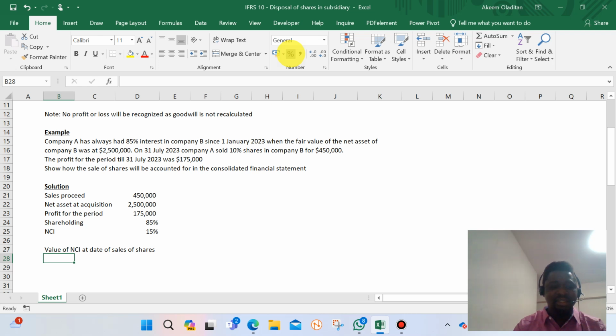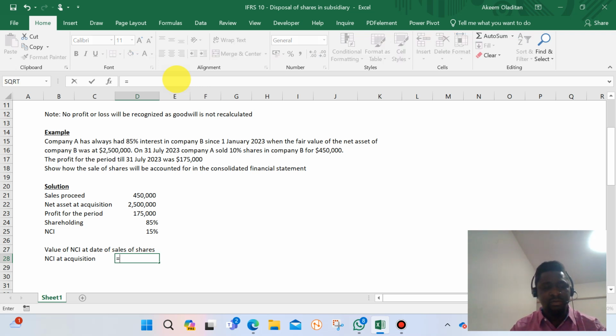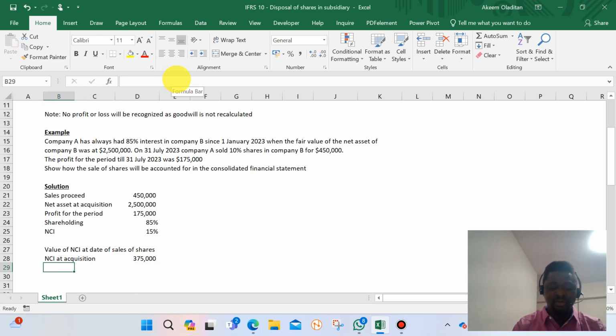NCI at acquisition: we know that net assets of 2.5 million times the NCI share of 15% gives a value of 375,000. Then the change, or let me see, the NCI share of profit.